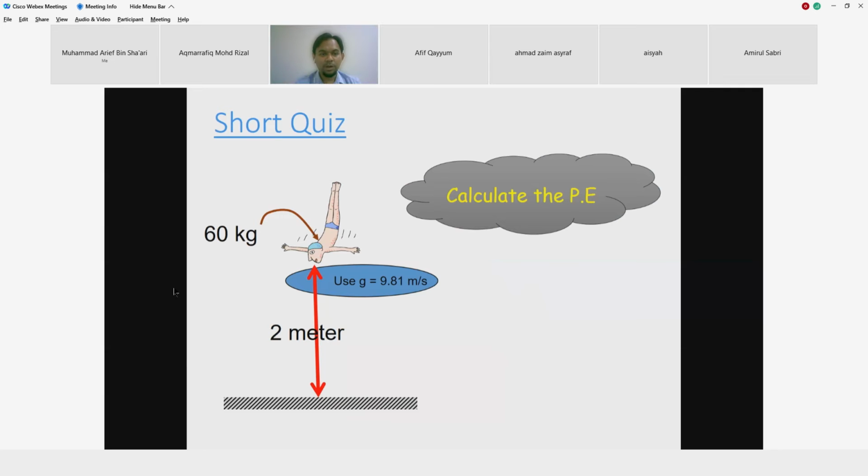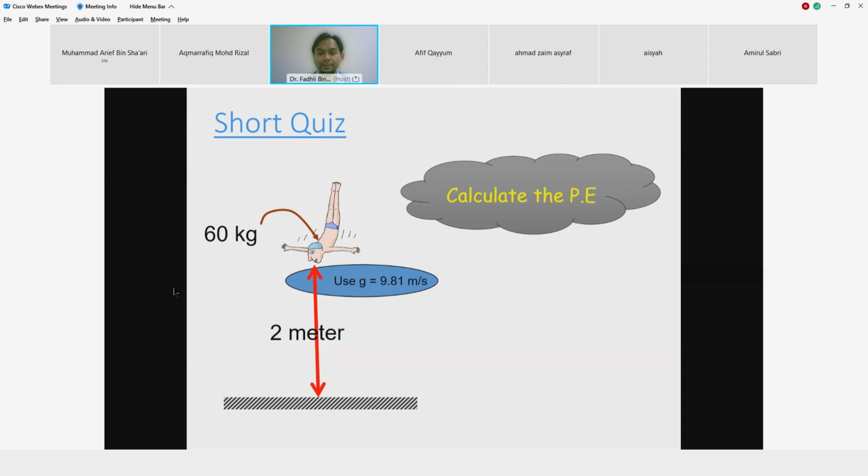Then we have a short quiz now. Calculate the potential energy. As we know, the formula for PE is mgh. Mass is 60 kilograms, g is 9.81 meters per second squared, and h, the height, is 2 meters.